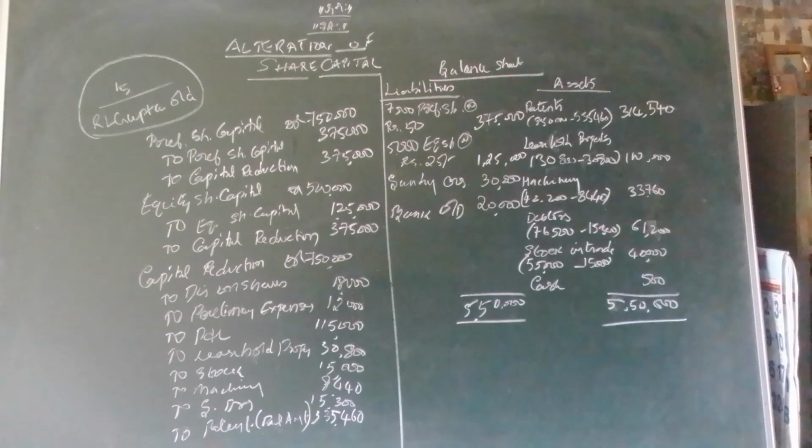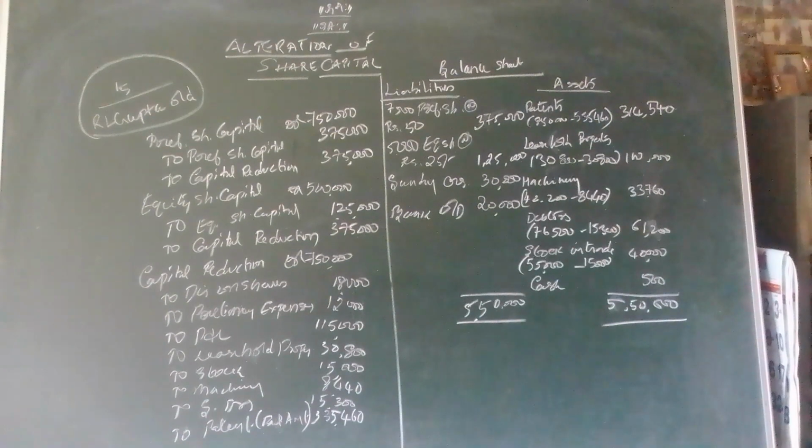After passing this entry, now we have to prepare the balance sheet. Simple. We take the same assets and liabilities. As far as assets are concerned, the existing value of patents was 8,50,000. On that, you have adjusted some amount, so the balance amount is what we take for patents. Then leasehold property, existing value minus the amount we are adjusting as per entry number 3.